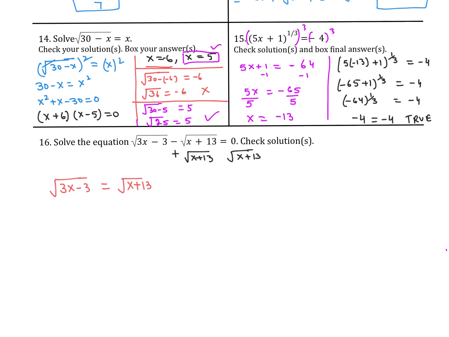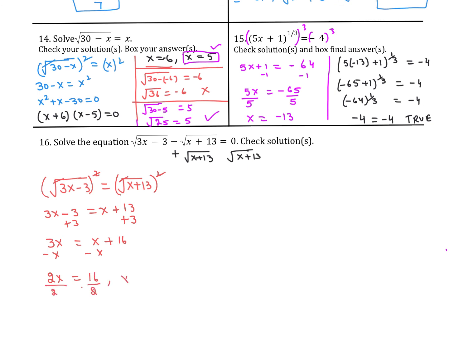Now we take the square on both sides so that we can get rid of the square root symbol. 3x minus 3 equals x plus 13. You add 3 on both sides, you get 3x equals x plus 16. Minus x on both sides, you got 2x equals 16. Divide by 2, x equals 8.